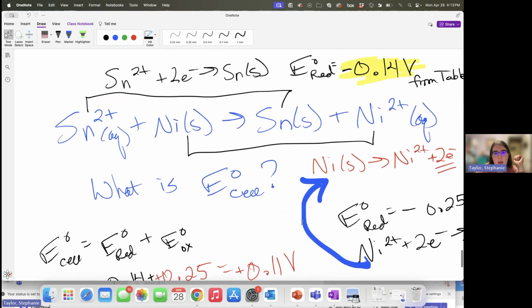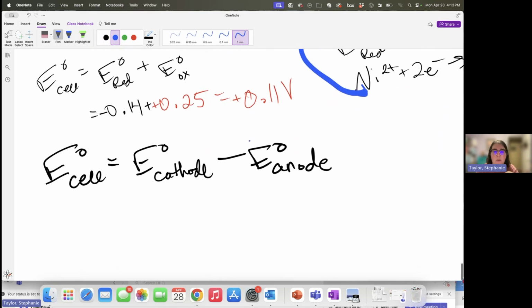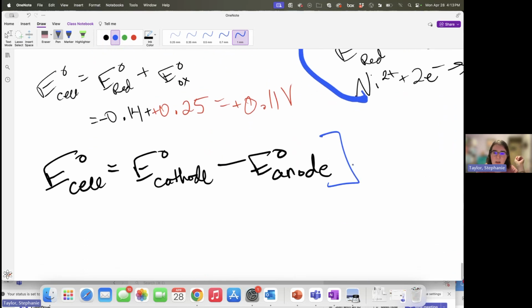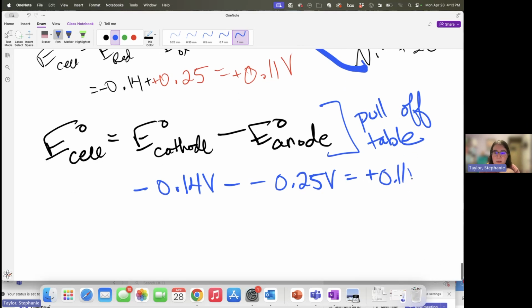That's what they mean. So in that case, all I have to do is pull numbers off of the table. That's the real trick here, if you're using this one, you just pull off the table. So this then is negative 0.14 volts minus negative 0.25 volts, and you get a positive 0.11 volts.